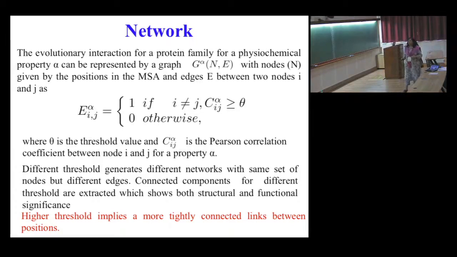And the connected components that we will find by changing the threshold will show the structural and functional properties of the protein. Higher threshold means that the links or the edges are highly connected between the positions.